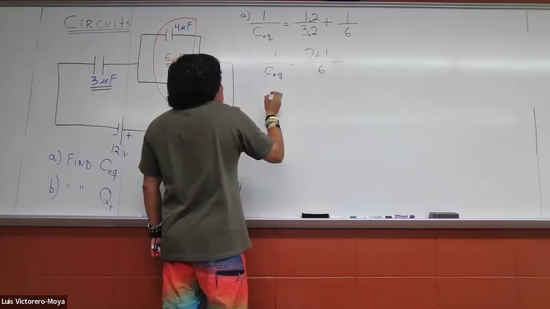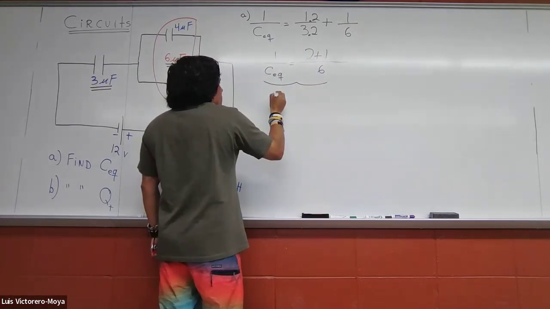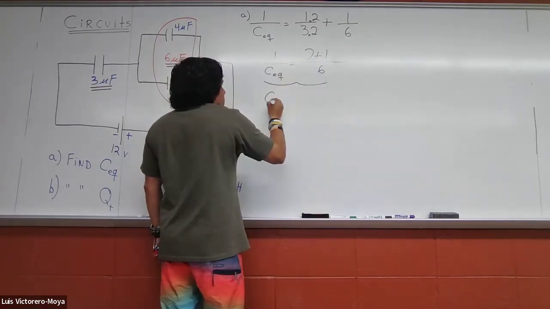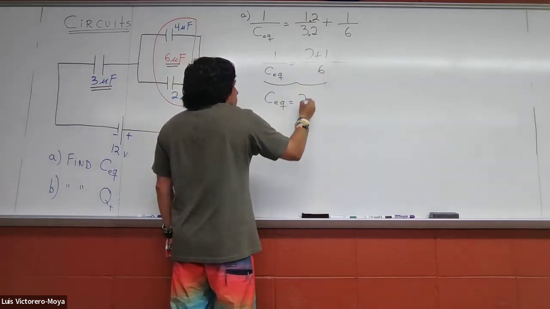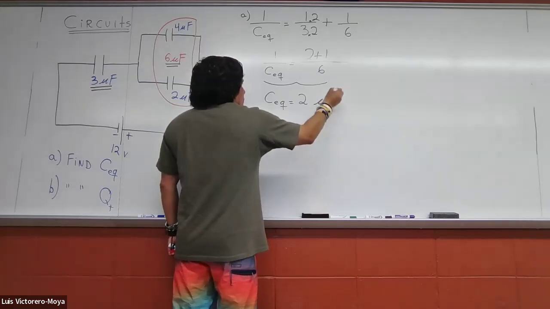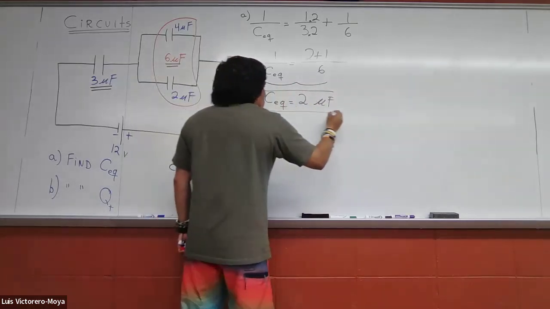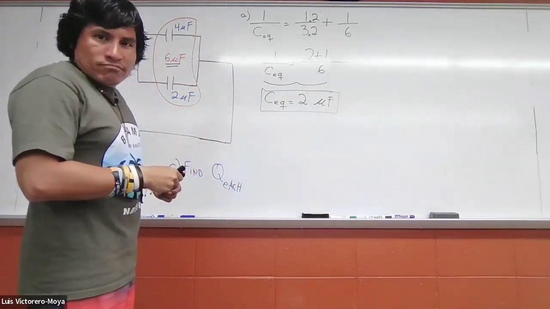That's 3 over 6. 1 over C equivalent. If you flip it, you get 6 over 3. And let's not forget the units. That's the equivalent capacitance.